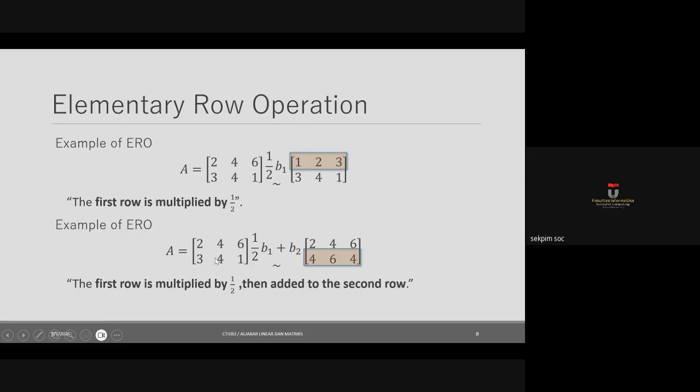Then 4 plus half of 4: half of 4 is 2, so 4 plus 2 is 6. For this case, you have 1 plus half of 6. Half of 6 is 3, so 1 plus 3 is 4. So this is the matrix after you do one row operation of type 3.